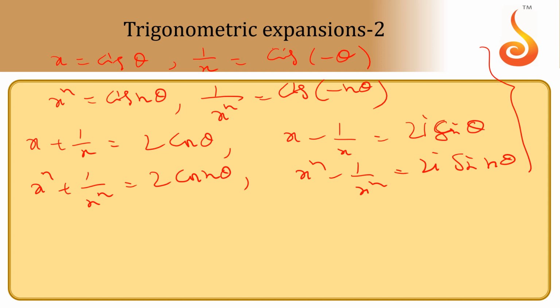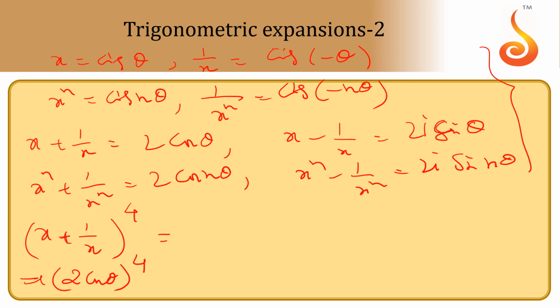Now what I will do, suppose I take (x plus 1 by x) whole power, let us say 4. Example I am telling. Whenever plus is there, I am going to generate 2 cos theta, no? So (2 cos theta) whole power 4 means I am going to generate cos^4 theta, the power functions in terms of multiples. In the previous discussion, multiples in terms of power functions. Now here, power functions in terms of multiple functions.